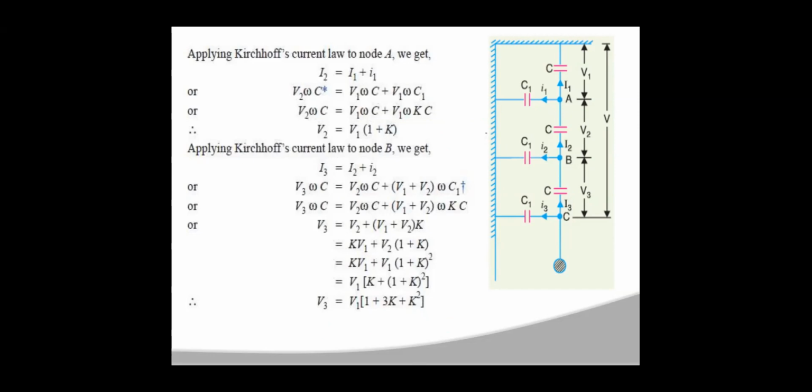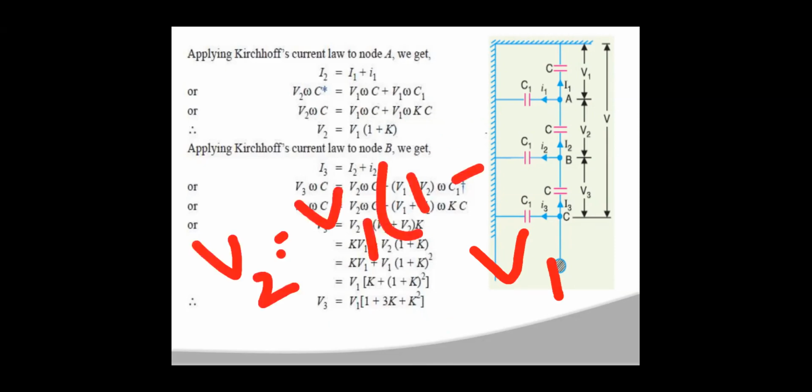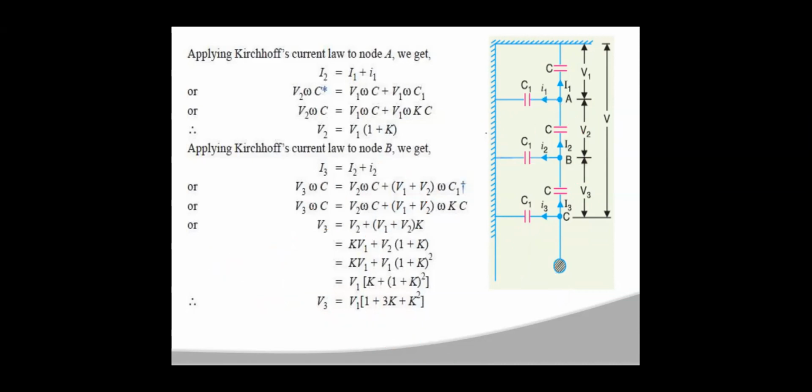So now you have the voltage across the first disk as V1, the voltage across the second disk as V2, which is expressed in terms of V1 as V1 into 1 plus k, and V3 also expressed in terms of V1 as V1 into 1 plus 3k plus k square.